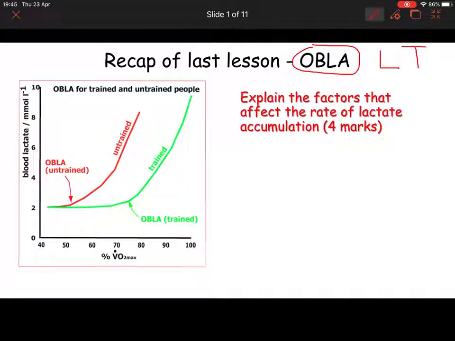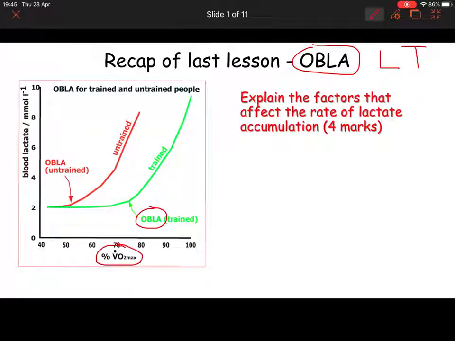One of the other things to remind ourselves about, and it's a key knowledge point that links the James Morris video that you looked at last week, but also the content of this week's lesson that I'll be going through shortly, is the relationship between VO2 max and OBLA.